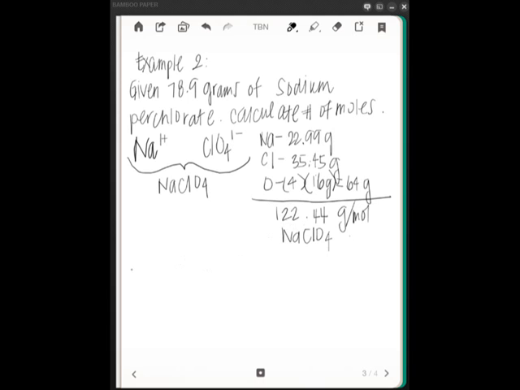So first let's start off by what you're given. So you have 78.9 grams. And then you multiply that. In order to cancel out the units here, you have to put the 122.44 grams in the bottom.